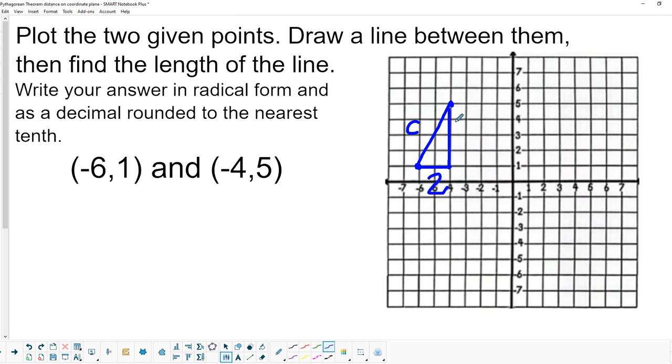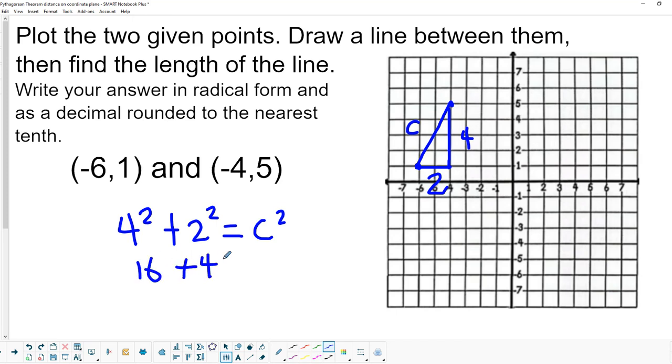So 2 and 1, 2, 3, 4. So a squared, 4 squared plus 2 squared equals c squared. So 16 plus 4 equals c squared. And 16 plus 4 is just 20.